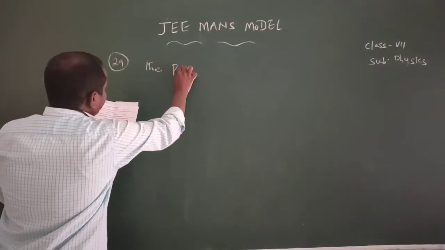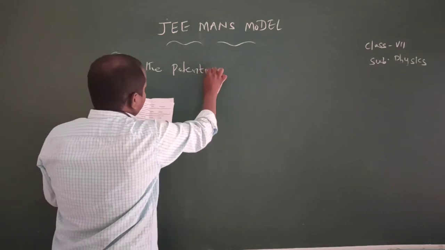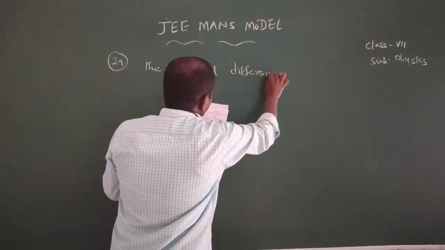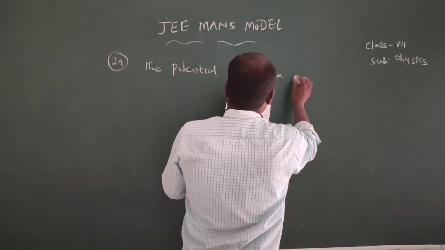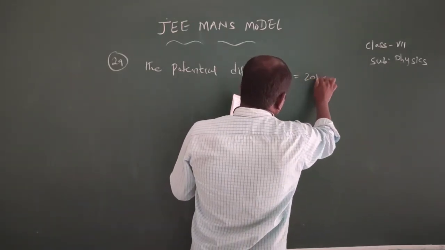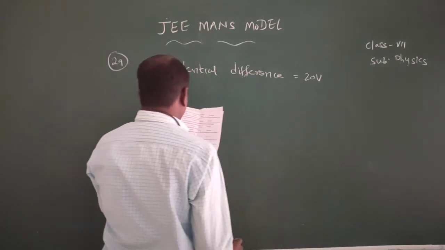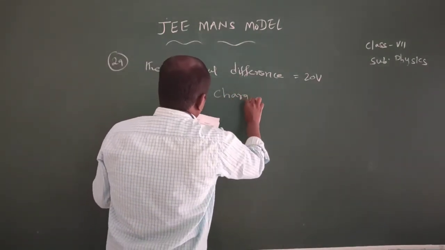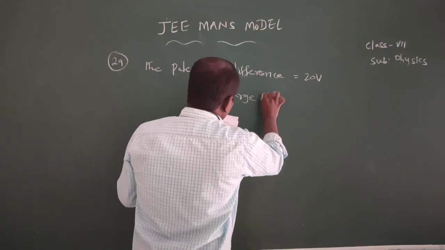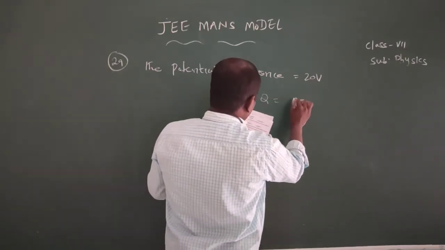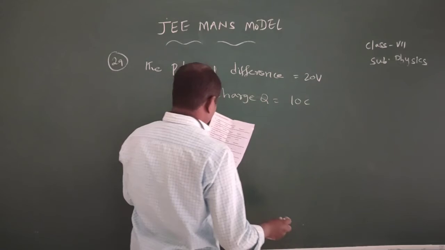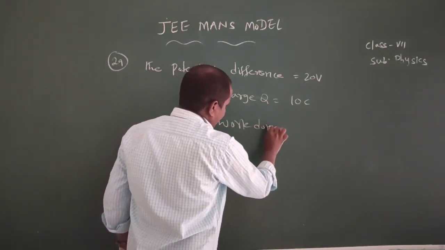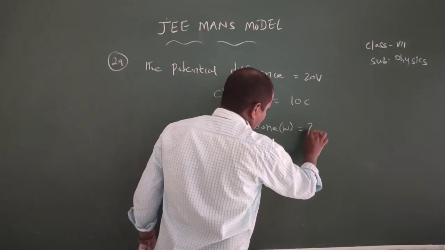The potential difference equal to 20 volt is given. Next, charge Q equal to 10 coulomb. Then find the work done, W equals how much?